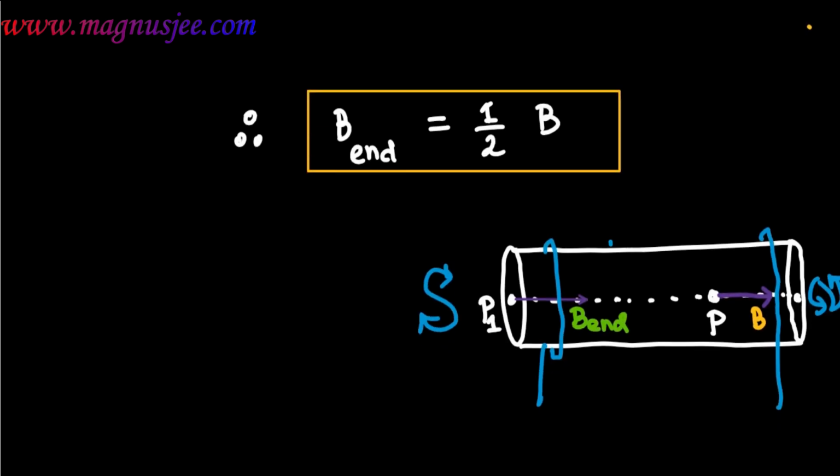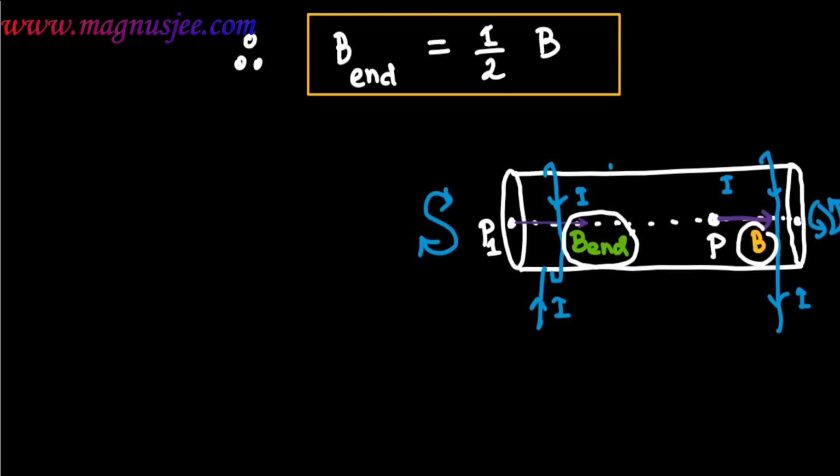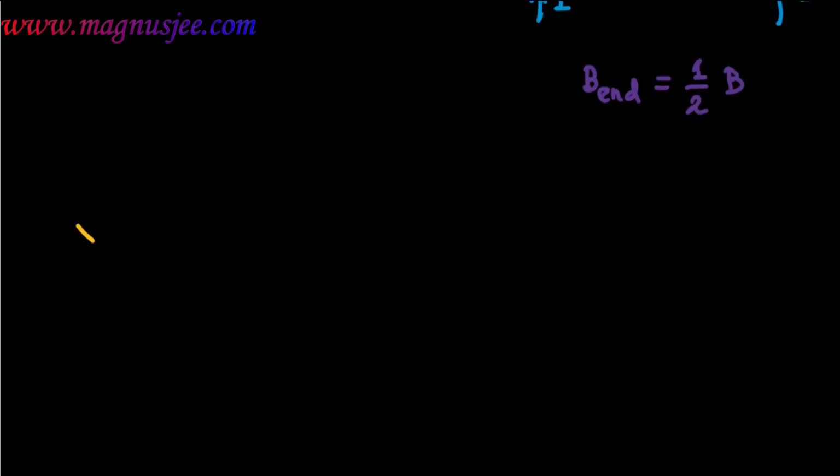Insulated wire is wound on the cylindrical core, and I is the current flowing through the solenoid. In this case, the magnetic field induction at the end P1 will be half of the magnetic field induction at the point P.